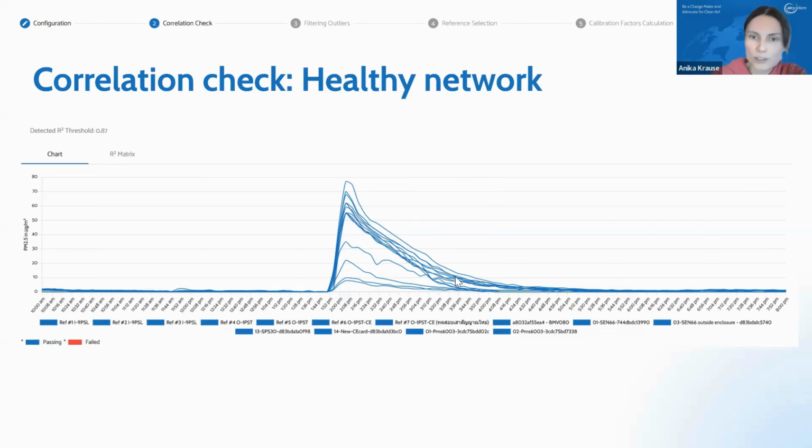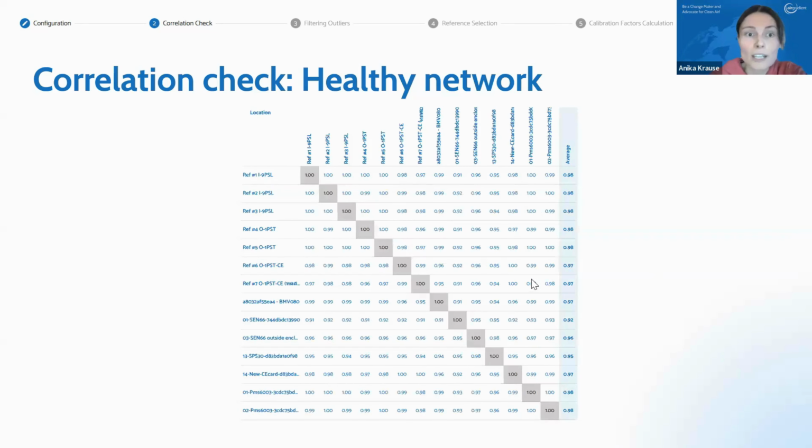All of the sensors are marked blue, which means they are passing the correlation check, which means that they all follow the same trends and they can all be aligned easily. For those who are interested, we also plot a correlation matrix. Here you see the R² values, the coefficients of determination.